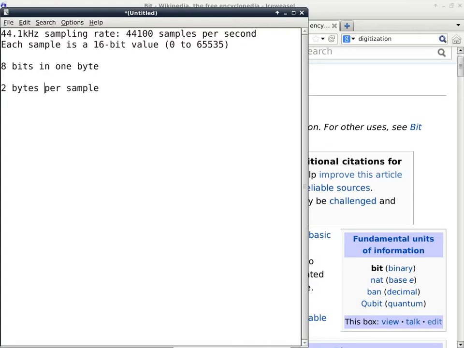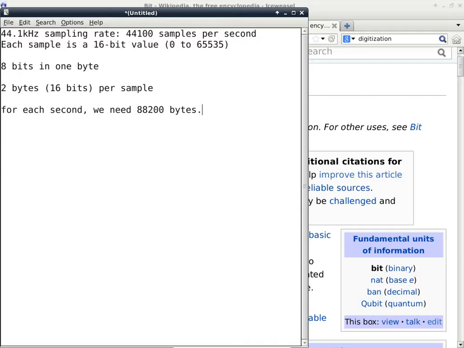Okay, 2 bytes, I'll put in parentheses, 16 bits per sample. So for each second, we need twice 44.1 thousand, which is 88,200 bytes to represent sound. That's not really a huge number, but considering this is for every second, it is still a relatively big number.